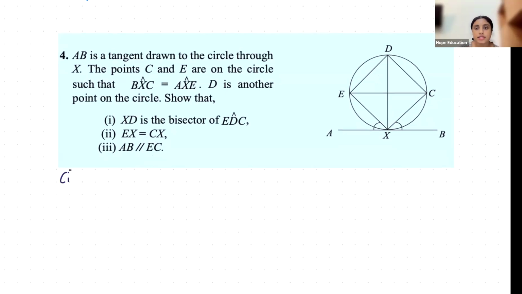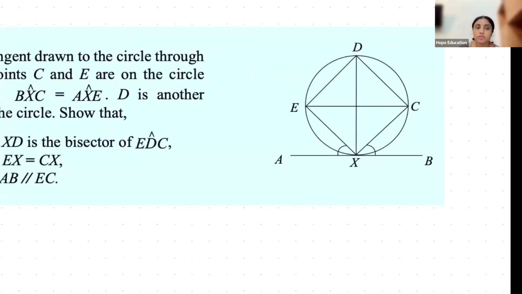D is another point. Okay. Show that XD is the bisector of EDC. EDC කියන්නේ මෙයා, එයාගේ bisector එක XD කියලා පෙන්වන්න ඕනේ. ඔක්කොම කලින් I will only write the parts that I can see. So EX is a chord and AX is a tangent. So this is the angle between the chord and the tangent, right?